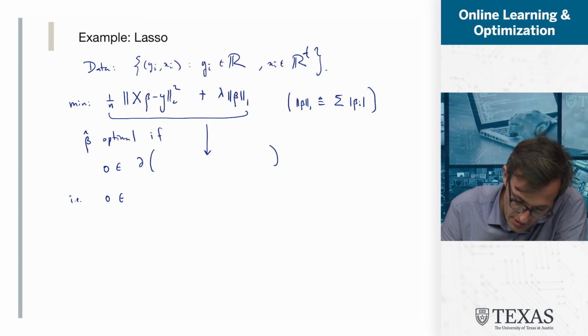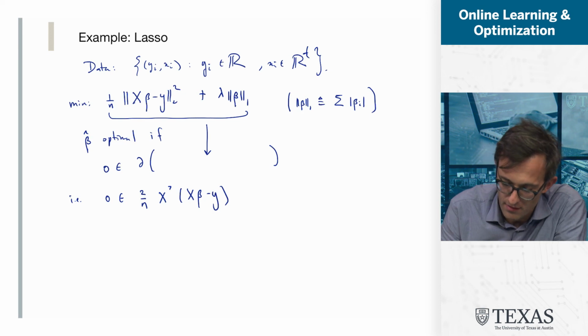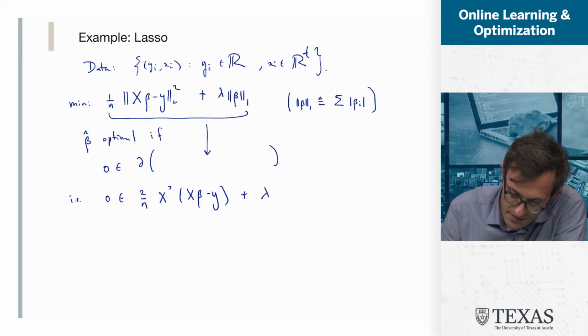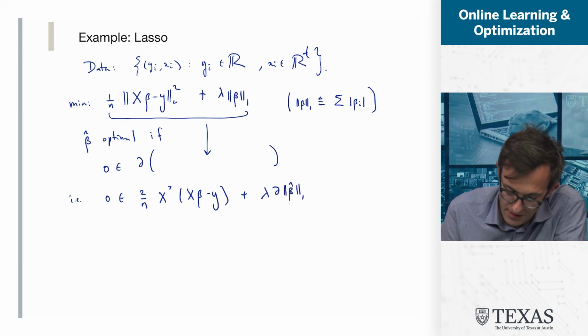So this is equal to just 2 over n times x transpose (x beta minus y) plus lambda times the subdifferential of the 1 norm of beta hat.